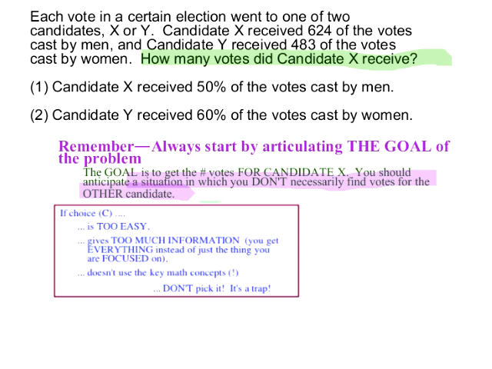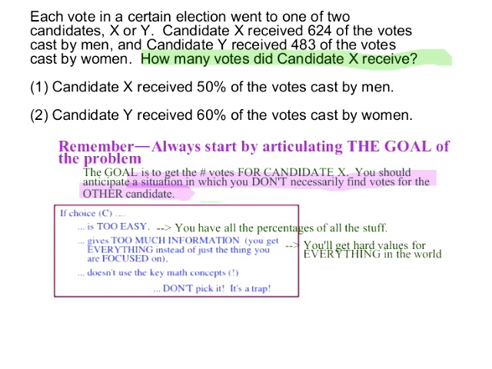So if C, well, C is too easy, right? Because C would give you just percentages of everything. You have all the percentages of all the stuff, so you can just look at it and say, I know everything. In other words, you'll get hard values for everything in the world.